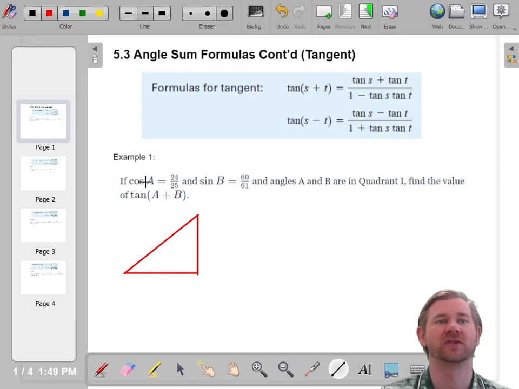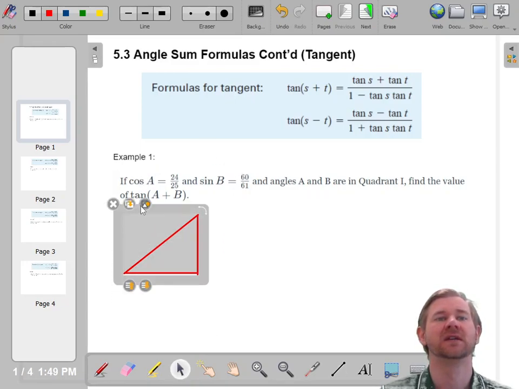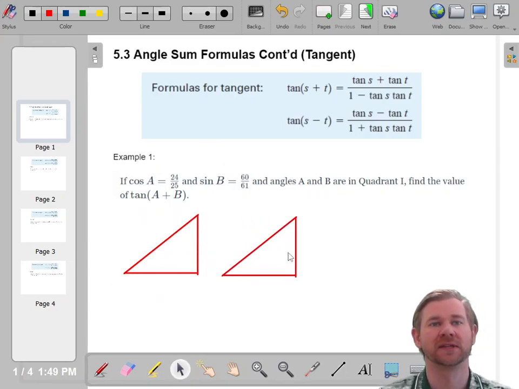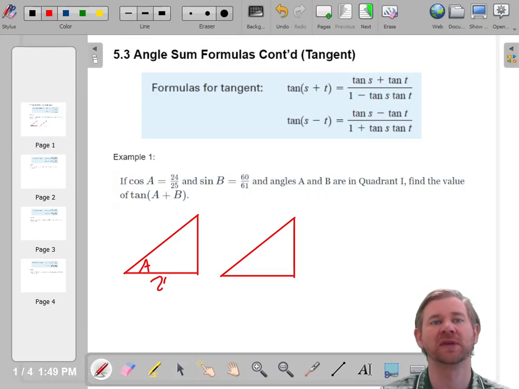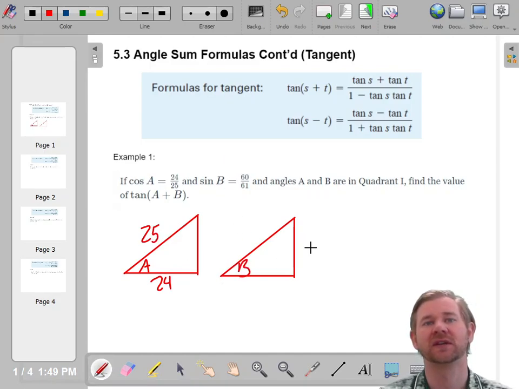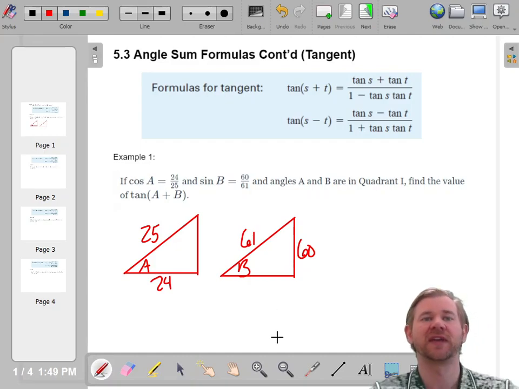So I know that I have cosine of A and sine of B, so I'll make two of them. This is angle A, and if you tell me the cosine of A, you're giving me the adjacent and the hypotenuse side, and the sine of B, you're giving me opposite and hypotenuse. So you're all going to need to do the Pythagorean theorem here.